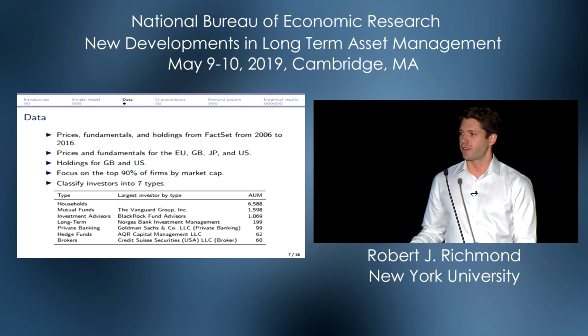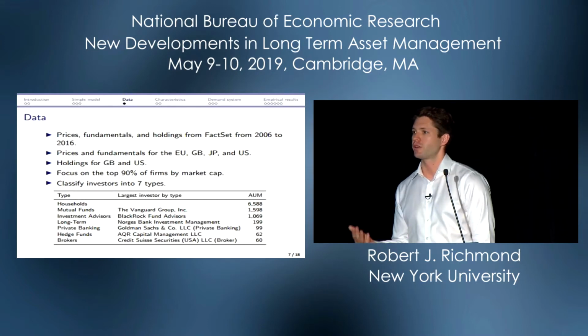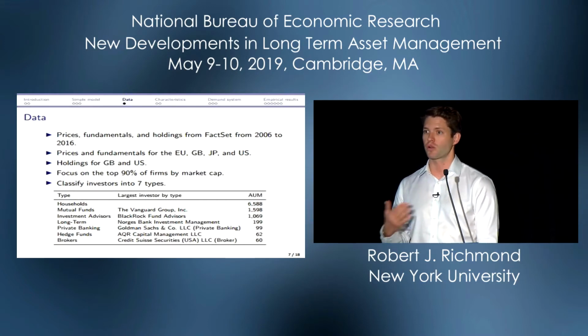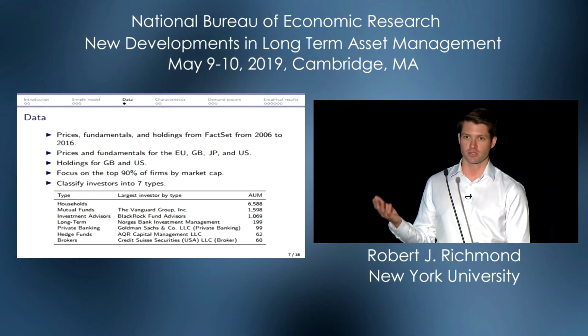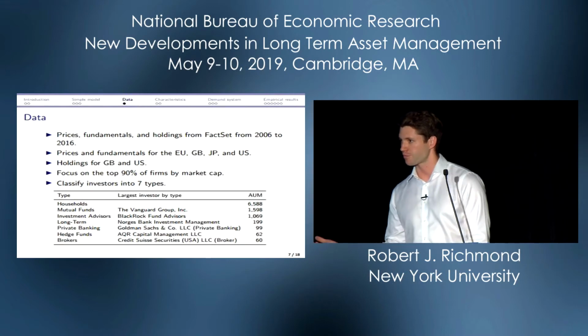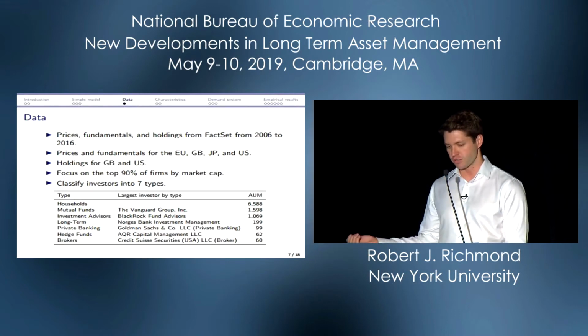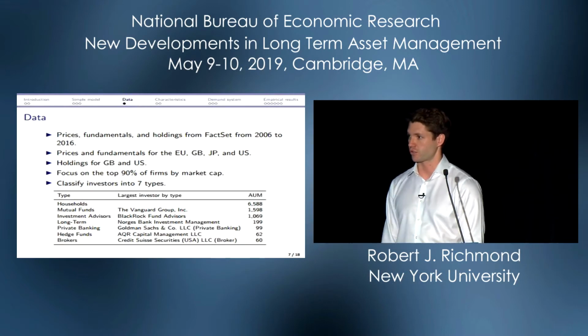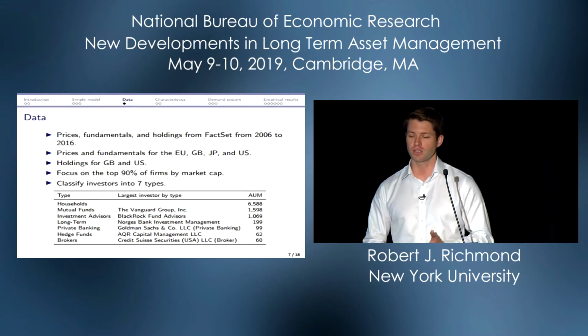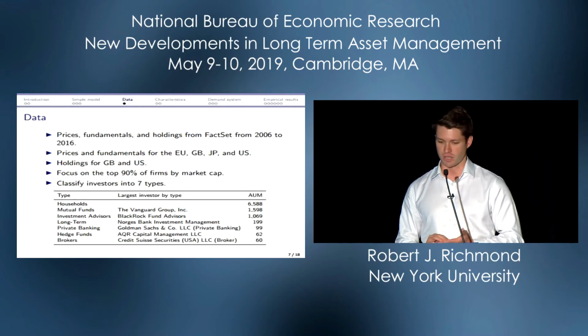All right, so motivated by this model, what I want to turn to now is our empirical implementation. What we want to do is study which groups of investors are more influential in driving cross-sectional differences in valuation ratios and eventually expected returns across firms, and how both expected returns and valuation ratios relate to these characteristics. So our data comes from FactSet. We're going to use prices, fundamentals, and holdings from 2006 until 2016.